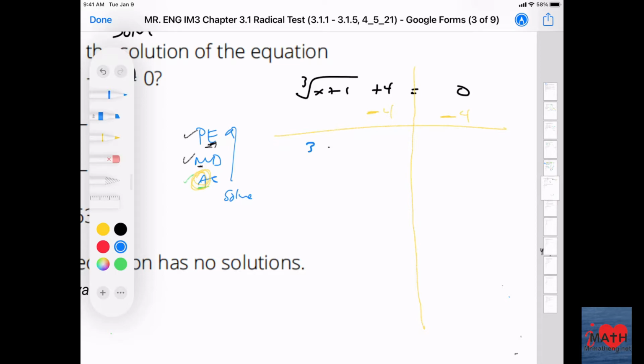So I have the cube root of x plus 1 equals negative 4. The next thing I'm going to do is, now that the radical sign is isolated, meaning there is nothing in front or behind this, I'm going to identify the root, and I'm going to take the power of 3 to each side. So this cancels the radical sign, and you're just left with x plus 1.